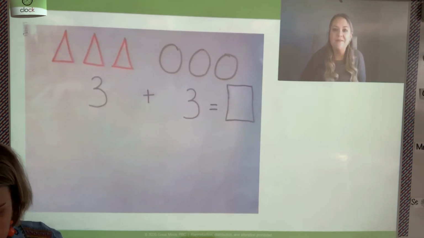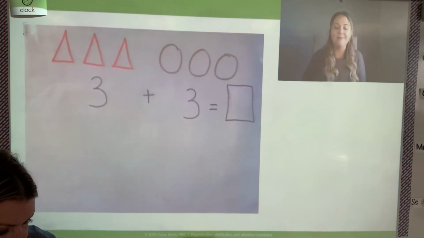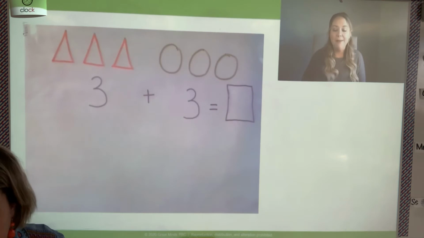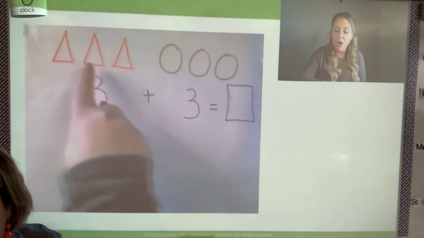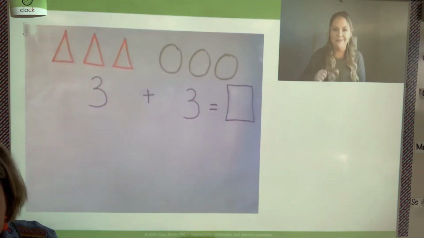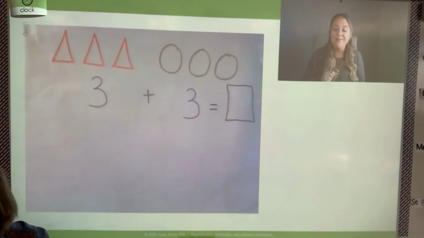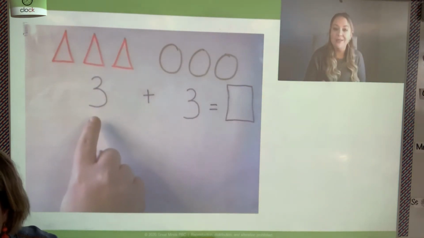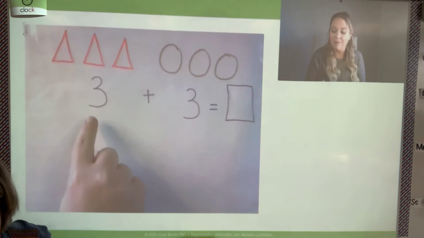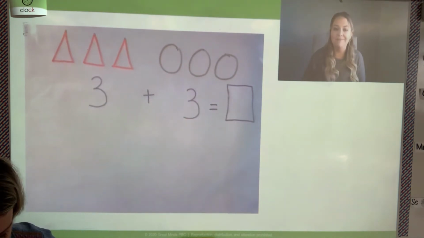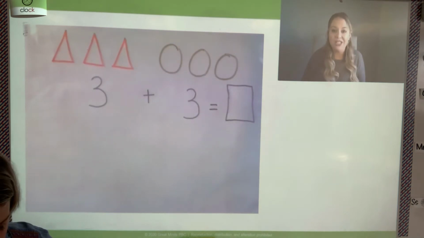Those are some fantastic thoughts. I heard one of my friends say, we can count all of our shapes, which is right. Then I heard another friend say, we know there's 3 triangles, so we can start at 3 and add 3 more. Great job. So let's go ahead and count our shapes.